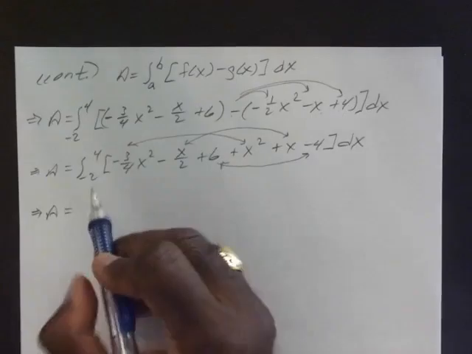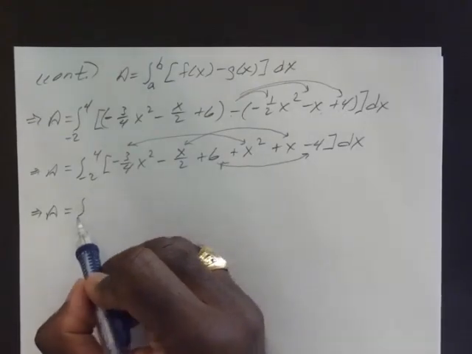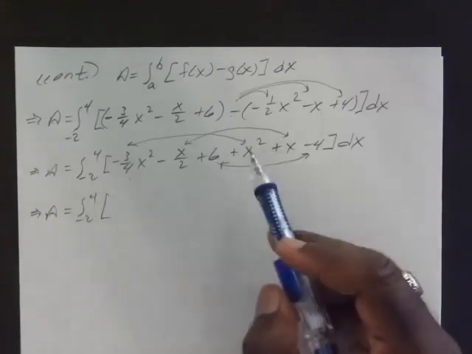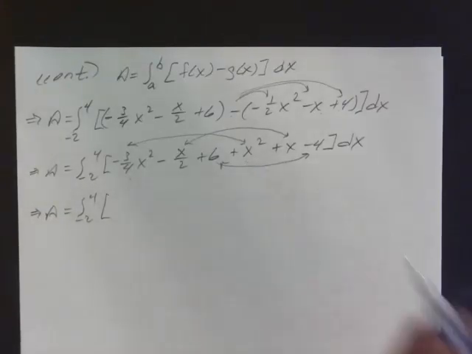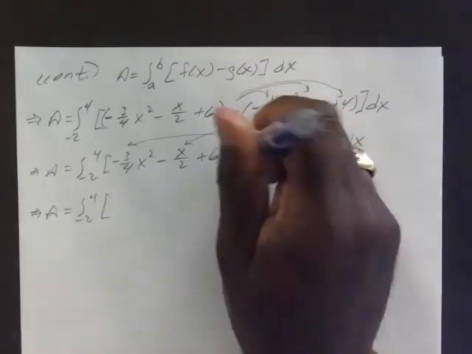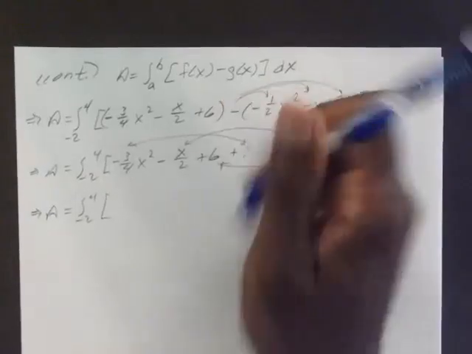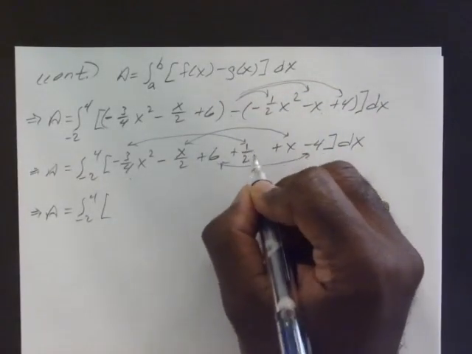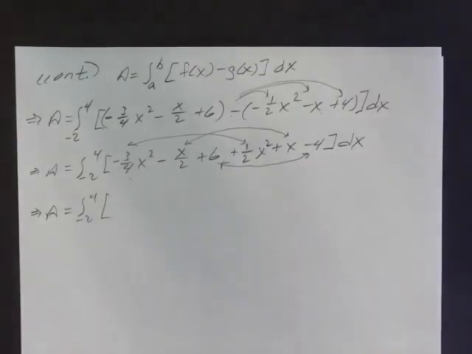Okay, so that gives us the integral from -2 to 4, -3/4. Oh, did I forget? Yep, forgot my 1/2 x squared. There we go. Knew something didn't look right.